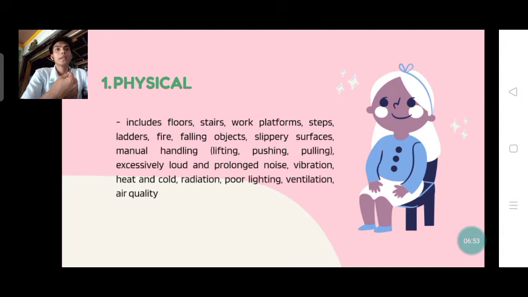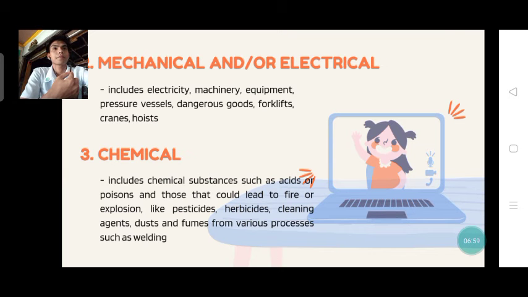Next is mechanical and or electrical. Electrical includes electricity, machinery, equipment, pencils, dangerous tools, forklifts, and hoses.